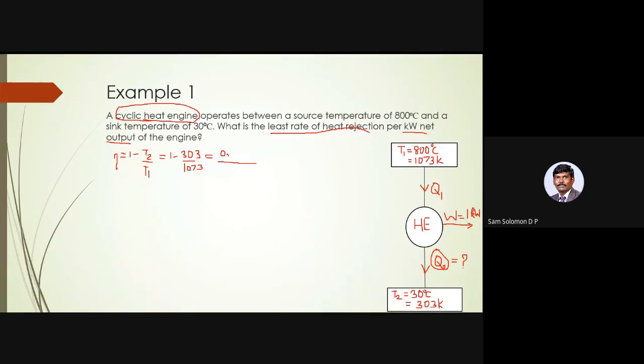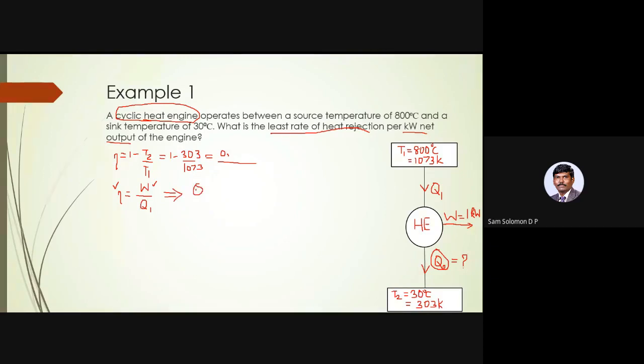Once you estimate efficiency, then you can use another formula where we also define efficiency as work done divided by heat supplied. So now I know the value of this efficiency, and I know the value of this work done. So I can estimate the value of Q1.